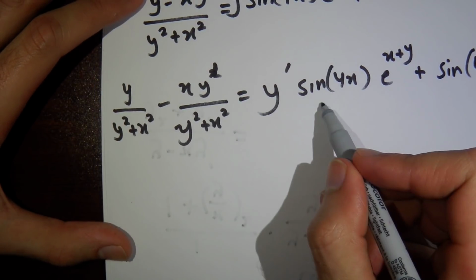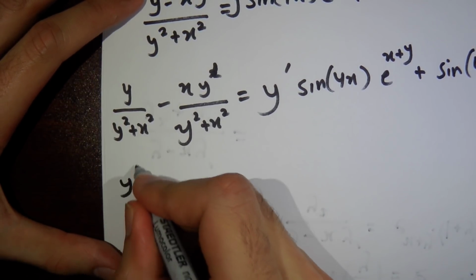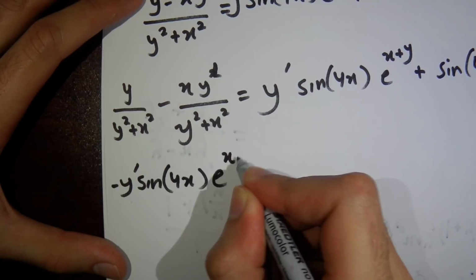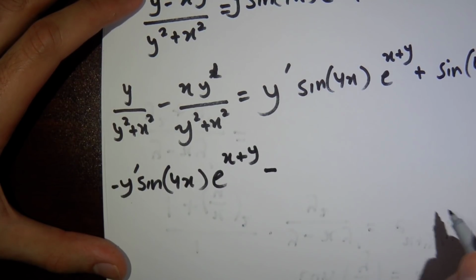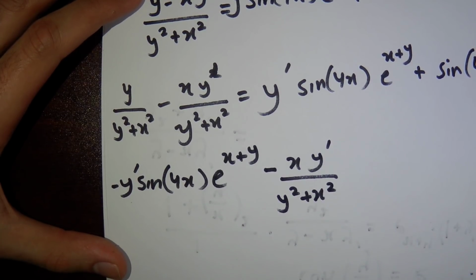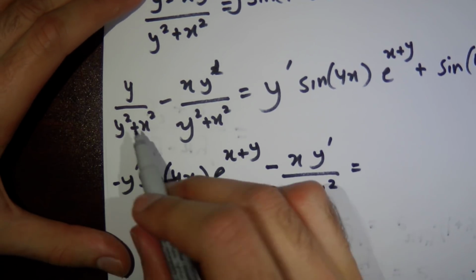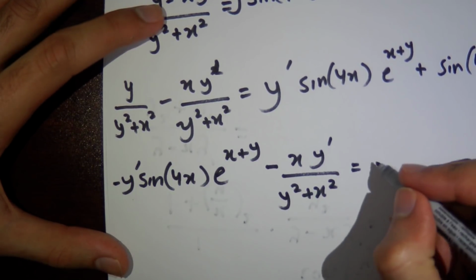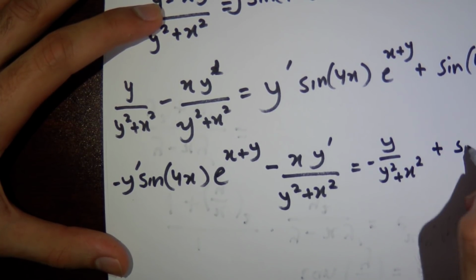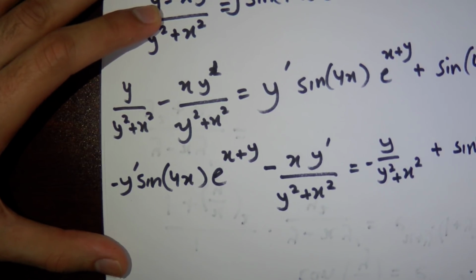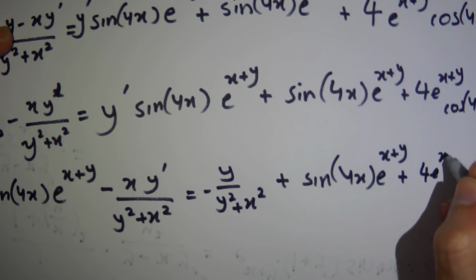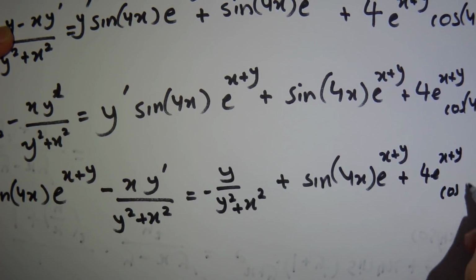So I'm going to get, by bringing this onto the left side, negative y prime sine 4x multiplied by e to the x plus y minus xy prime over y squared plus x squared equal to, we've taken this fraction to the other side so it becomes a negative, negative y over y squared plus x squared added to sine 4x multiplied by e to the x plus y added to 4e to the x plus y times cosine of 4x.